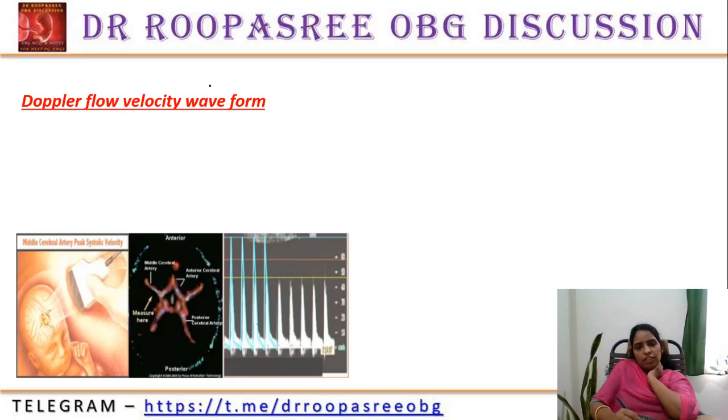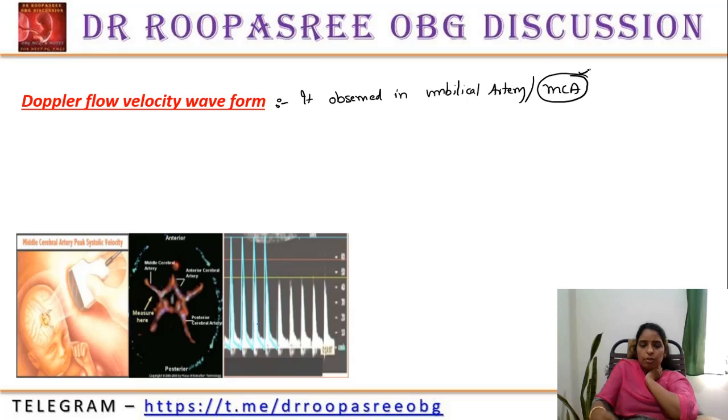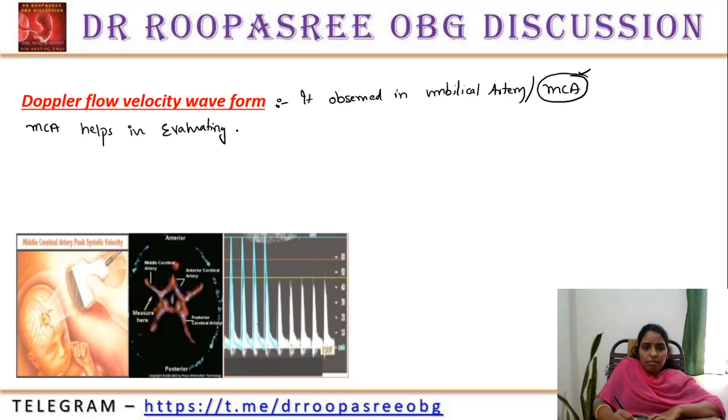Okay, next. Doppler flow velocity waveform means it is observed. These waveforms are observed in umbilical artery and middle cerebral artery. In this, we give importance to the middle cerebral artery more because middle cerebral artery helps in evaluating fetal anemia and fetal acidosis.